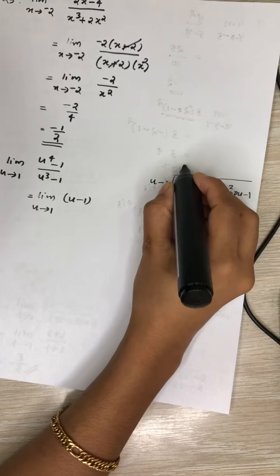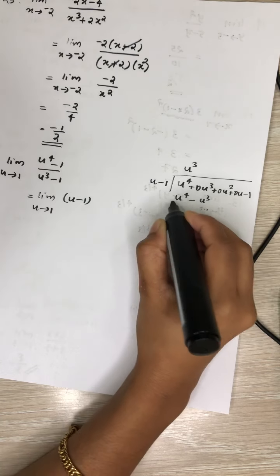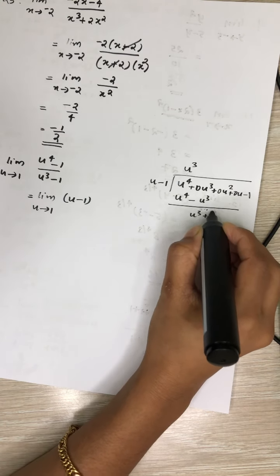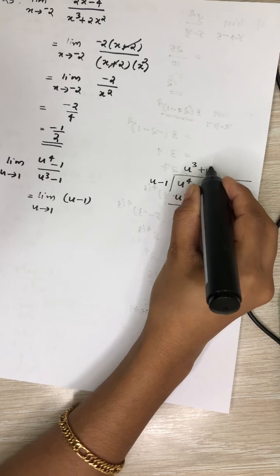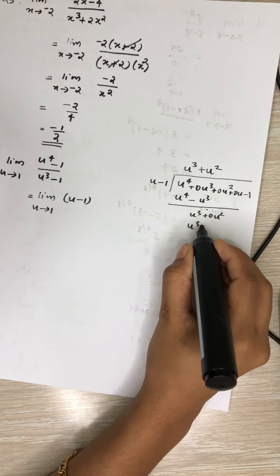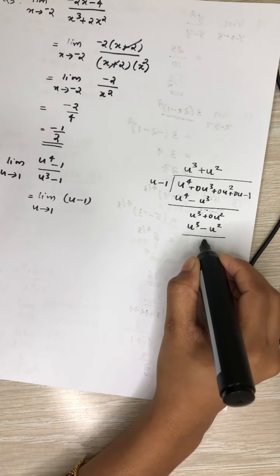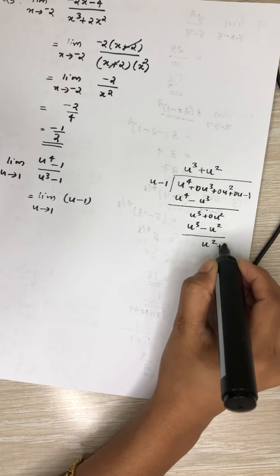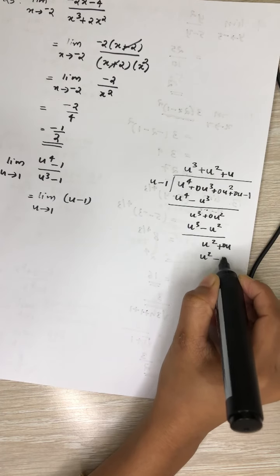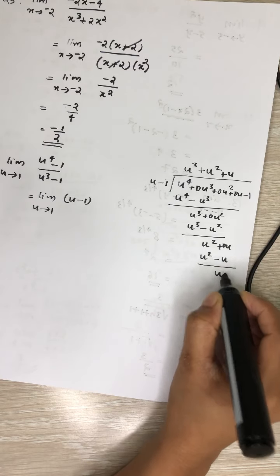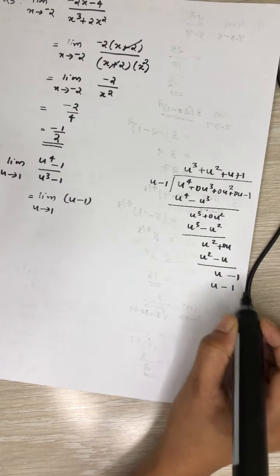u raised to 4 minus u cube is u cube, plus 0u square plus u square, u cube minus u square, this is u square plus 0u plus u square minus u, thus u minus 1 plus 1, u minus 1.